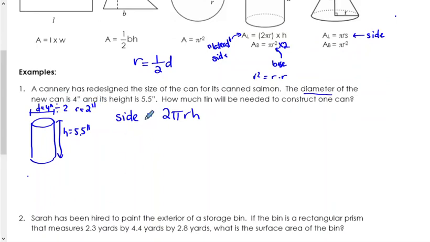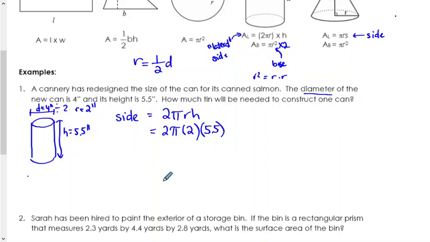Okay, so my side is going to be 2 times pi times r times h. Now substituting in, so I have 2 and pi is just a number. Remember, it's 3.14 and so on. And then radius, so my radius is 2. So where I see my r, I'm going to put 2 inches in there. Okay, and for my height, that is 5.5.